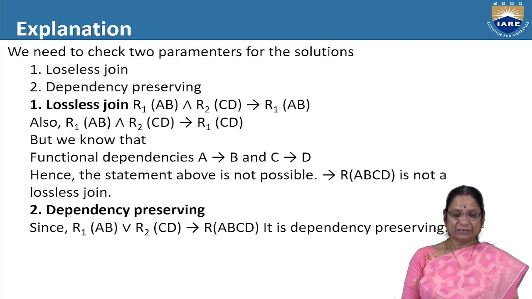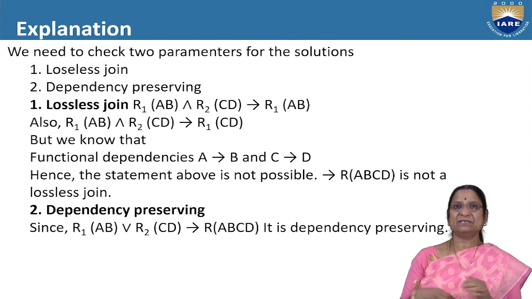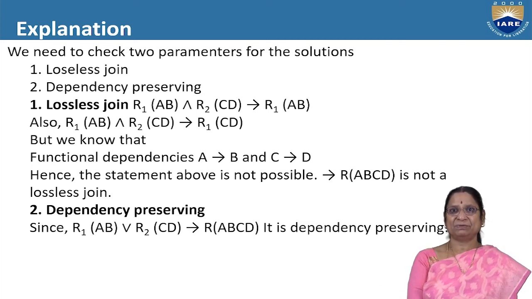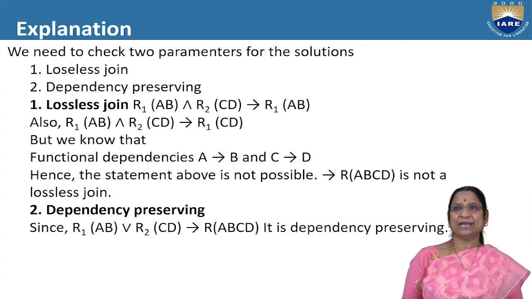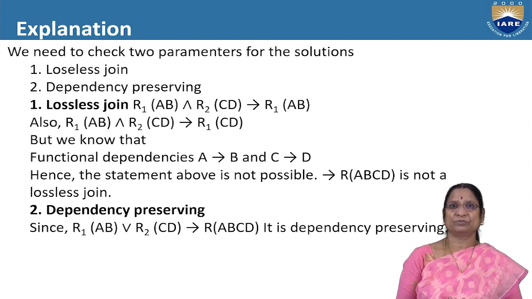Why? When we need to check lossless join and dependency preservation, lossless join means the intersection of R1 and R2 should determine either R1 or R2.